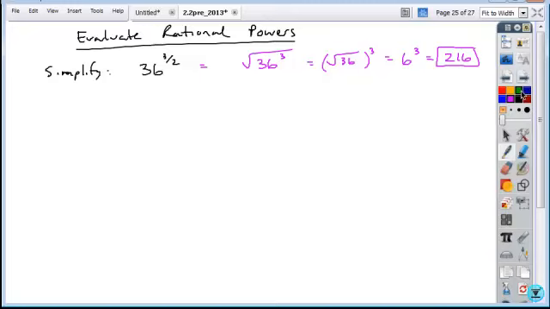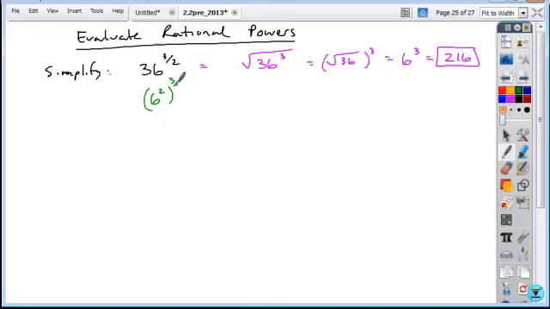Now, the alternative to this is to solve it by using the rational power form. It's already in that. If that's the case, you want to be able to recognize that 36 can be expressed as an exponent using a smaller base. So we can express 36 as 6 squared.